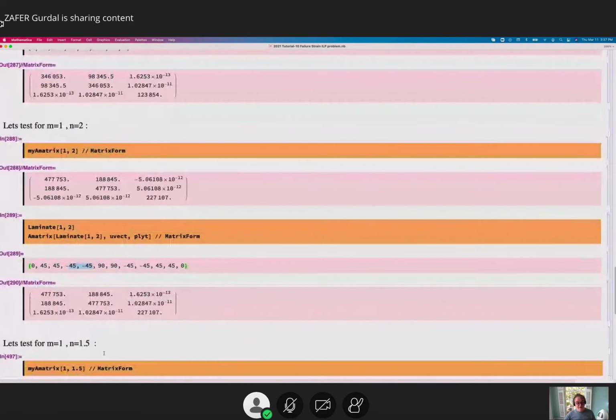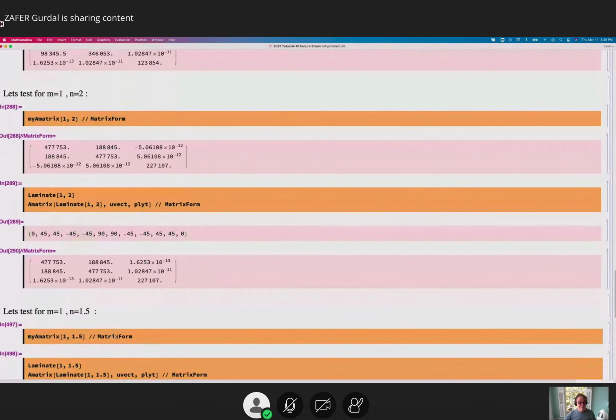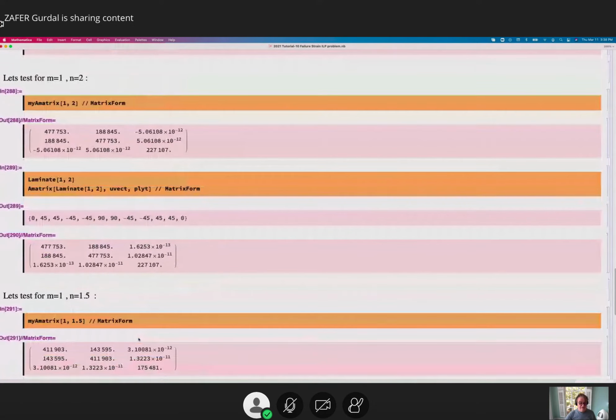So if you want to try m equals 1, n equals 1.5, the new way of doing it will give me an A matrix, which is this. And if you look at those numbers, the computation is somewhere in between this matrix and this matrix here.